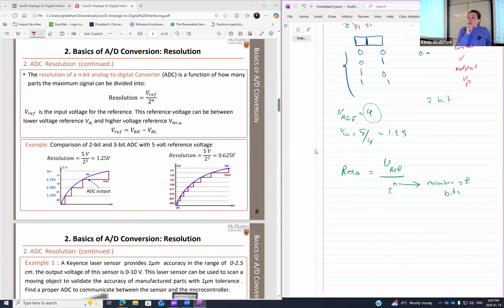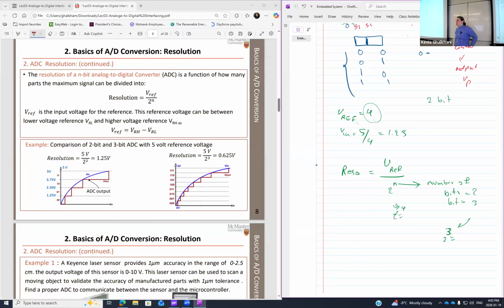Make sense, kids? One more time. If I have 2 bits, should be 5/2 to the power of 2, means 4. If I have my bits are 3, then it should be 2 to the power of 3.